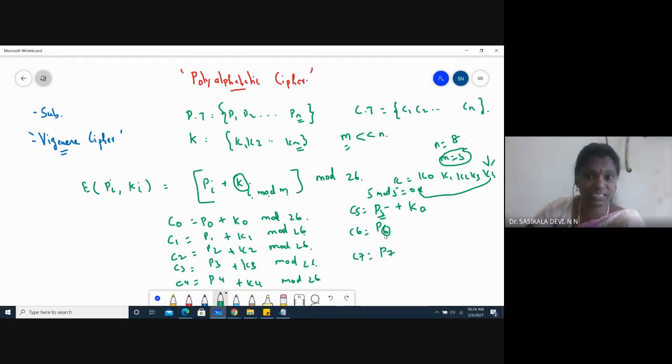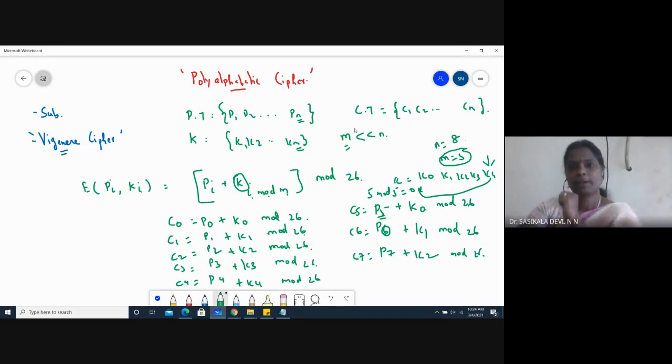For i equal to 6, 6 mod 5 is 1, so K1, and so on. Every time, do the mod reduction on 26. The length of plain text is 8 characters and the length of the key is 5. After the fifth character, the key is simply repeated circularly, and K0 is applied again.